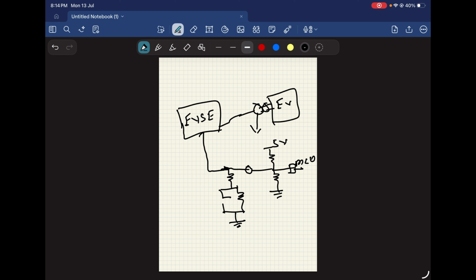Before connecting this connector, with the R1, R2 divider network, one voltage will be generated here.